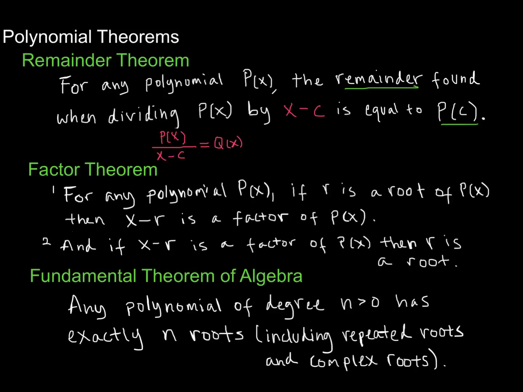And then I'm going to get some remainder, let's call it s. So this is my remainder here. And what this theorem says is that when you do this division, whatever this remainder is, this value s is equal to the value of my polynomial function when I plug c in for x.